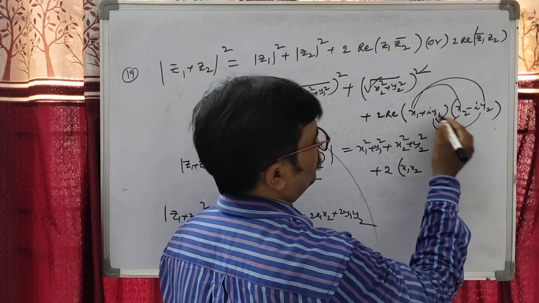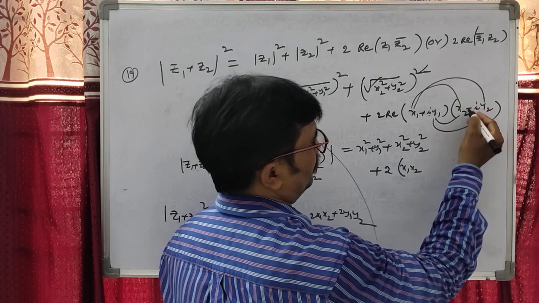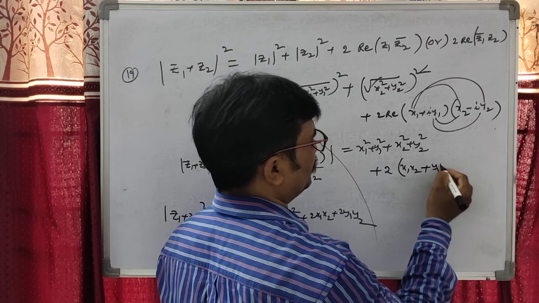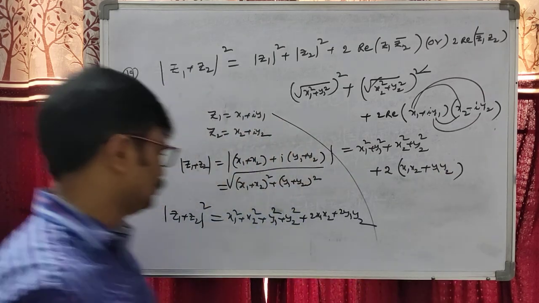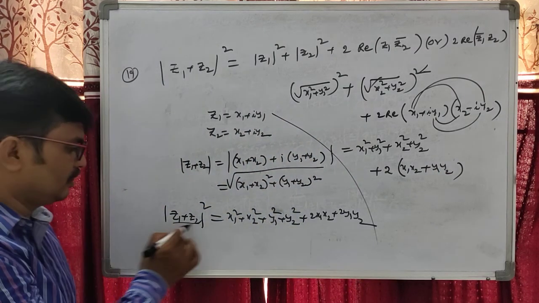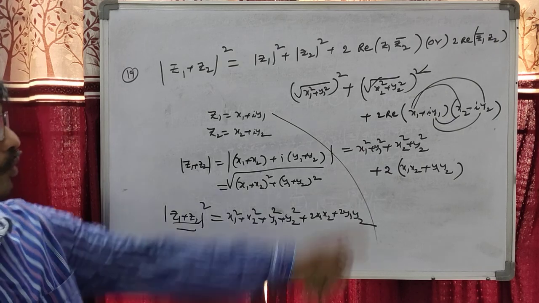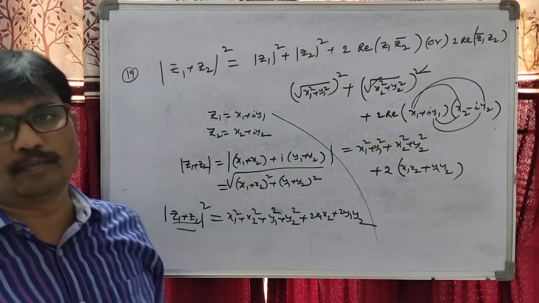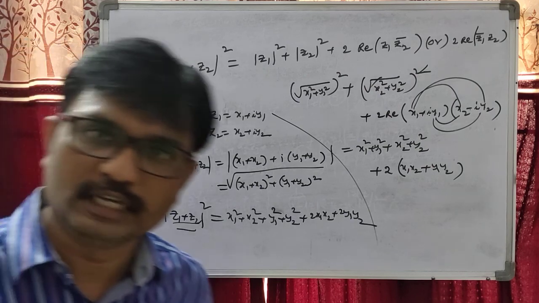The last one is i into i square minus i square, and i square is minus, so it becomes plus. Therefore, students, what we observe is z1 plus z2 whole square equals mod z1 square plus mod z2 square plus 2 into real part of z1 into z2 bar.